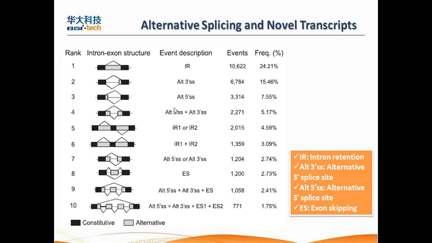Also some of these alternative splicing events are coupled with each other. There's a combination of 2 or more splicing events, and we can count the number of this situation and its proportion.